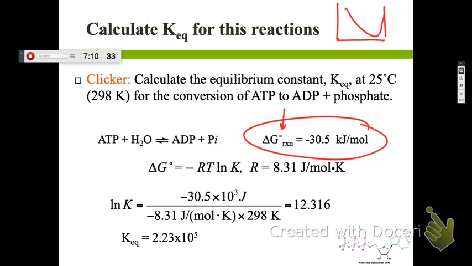Okay, so you can keep that ballpark in your head. Negative 30 kilojoules gets you a really big K value. So if we had a delta G naught of 1, we would expect a number much closer to the middle, much closer to K of 1. Kayla? So whenever delta G is less than 0, K should be greater than 1? Correct.